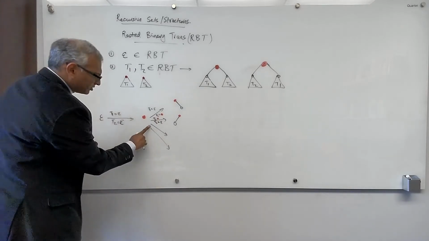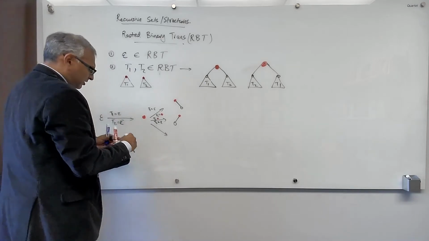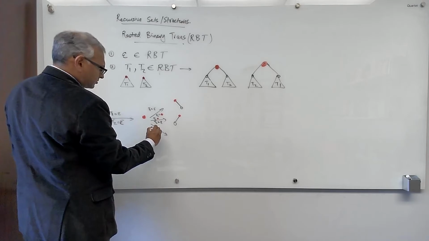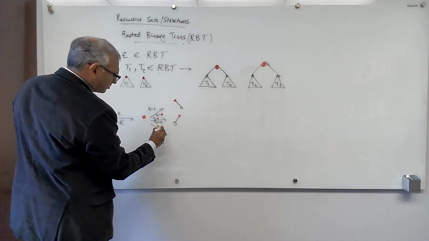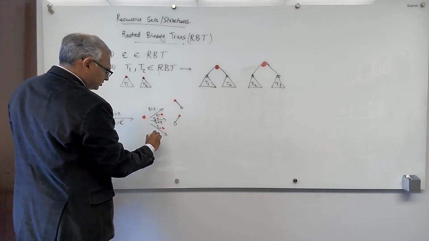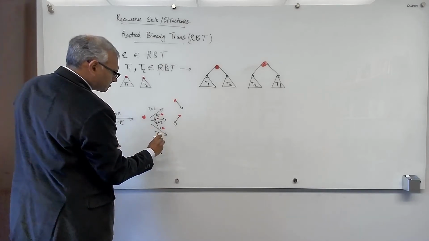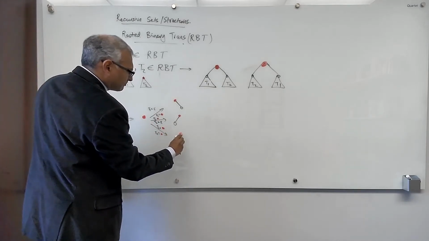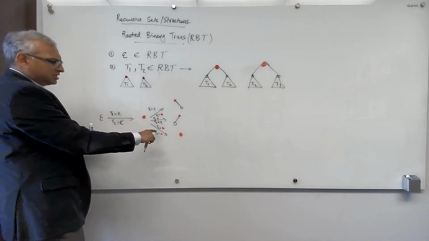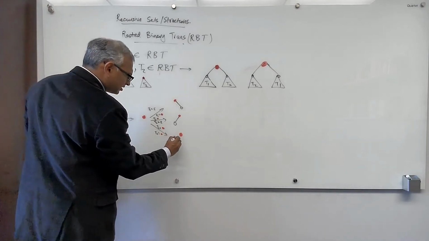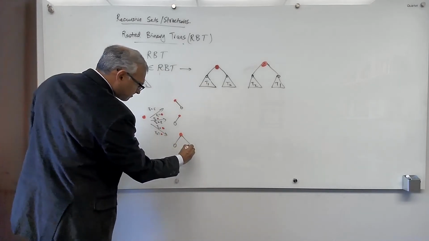So there are in fact only three. And now I can set T1 equals the single root, and T2 equals the single root. What do I get here? I get my root, the parent. These trees are called parent trees, and this is called the child tree that's constructed.